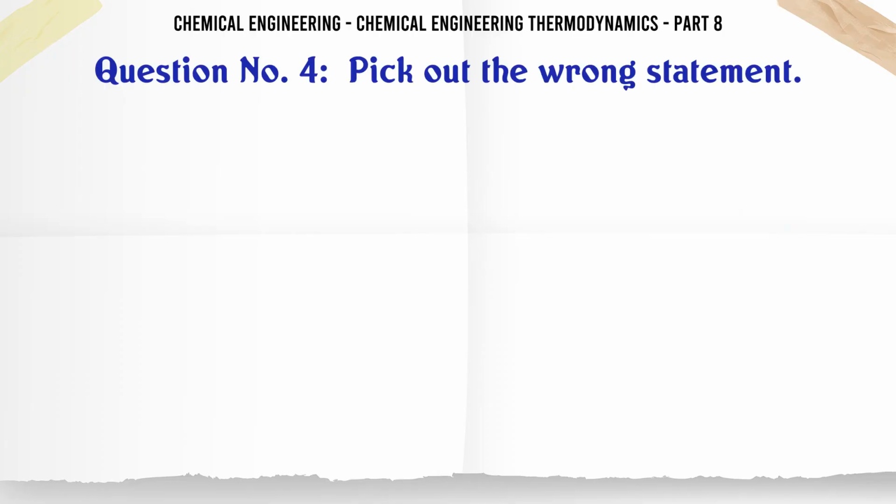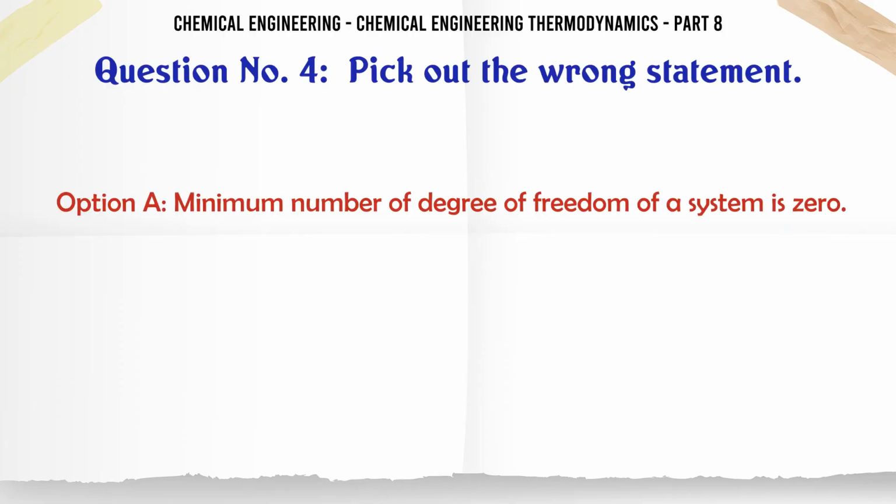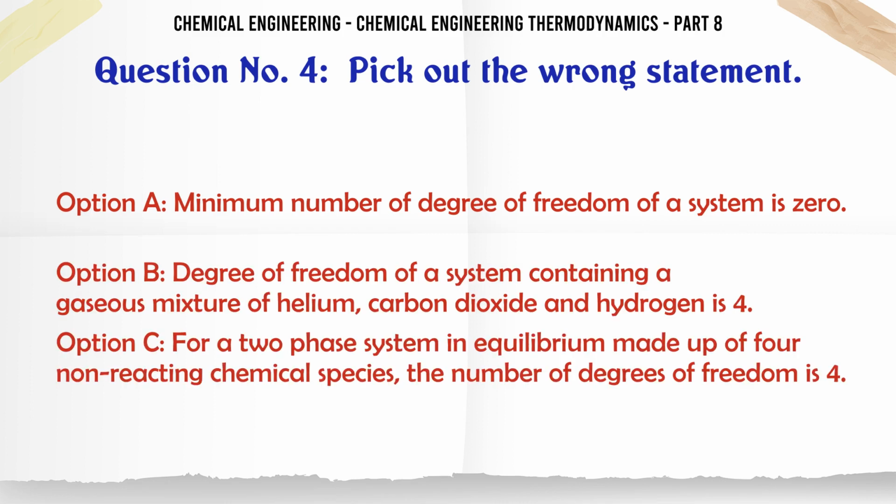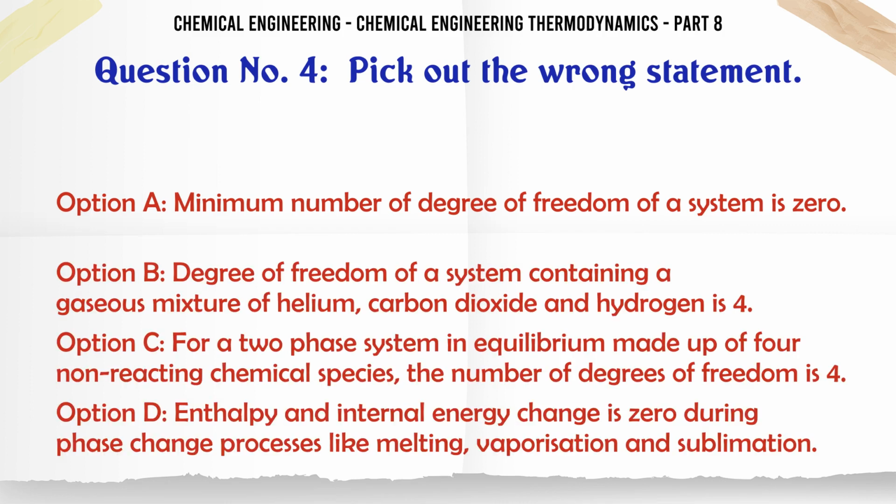Pick out the wrong statement. A. Minimum number of degrees of freedom of a system is 0. B. Degree of freedom of a system containing a gaseous mixture of helium, carbon dioxide and hydrogen is 4. C. For a two-phase system in equilibrium made up of 4 non-reacting chemical species, the number of degrees of freedom is 4.